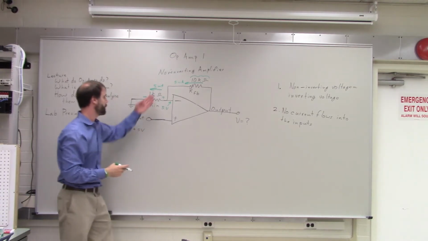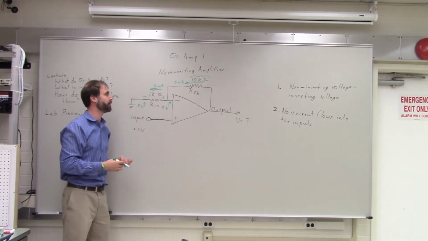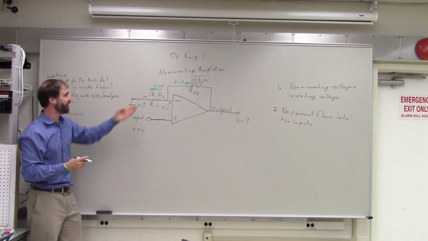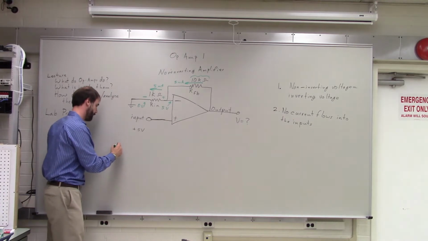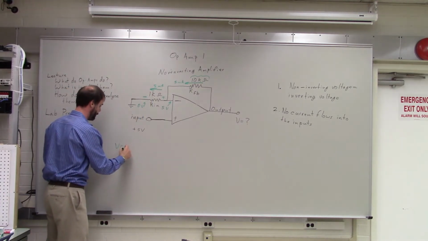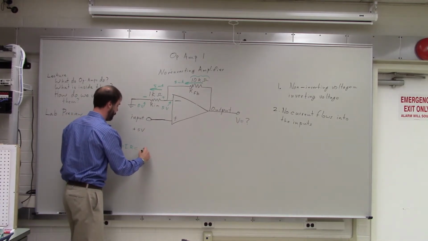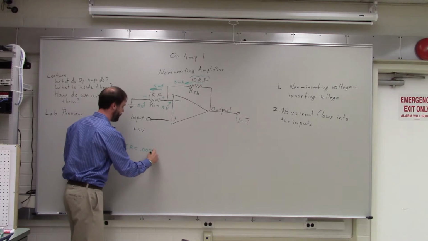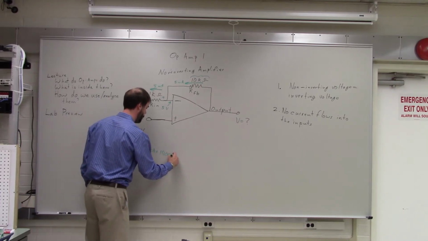Right? It's the same. There's only one path for the current to flow down, so it has to be the same. So now we've got 5 milliamps flowing through 10,000 ohms. So we can figure out the voltage across that resistor, right? V equals IR. So it's 0.005 amps times 10,000 ohms.